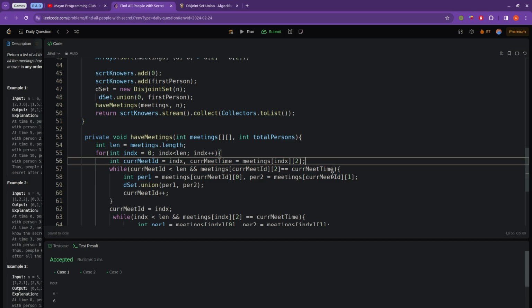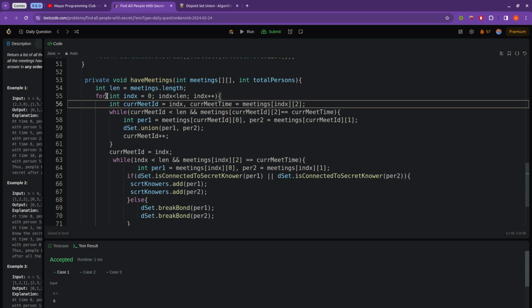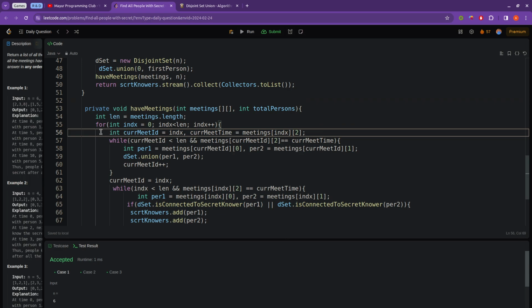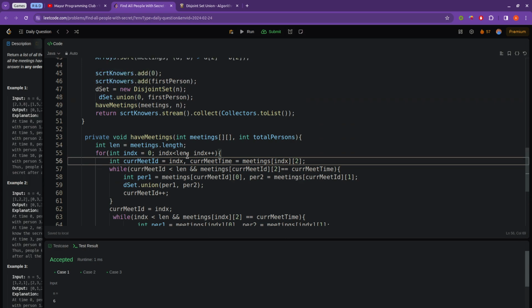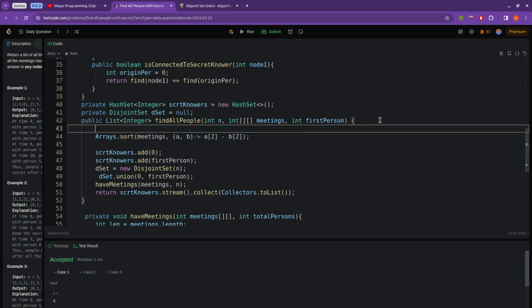Okay, so let's say we are traversing the meetings array. First of all, since we are to traverse the batches of time in increasing order, we will be sorting our meetings in increasing order of time.